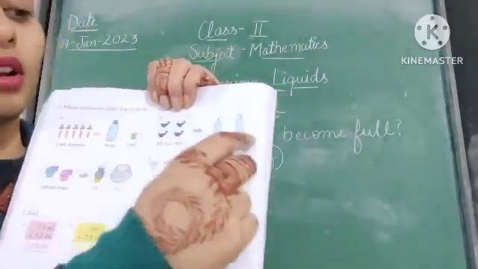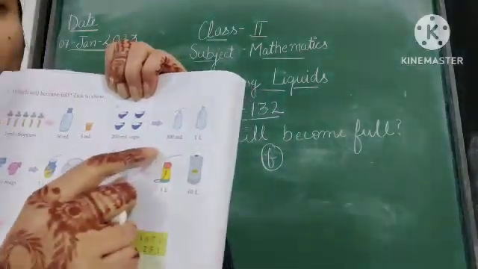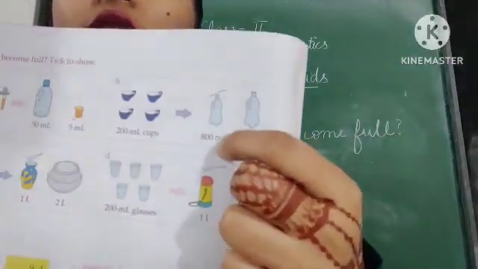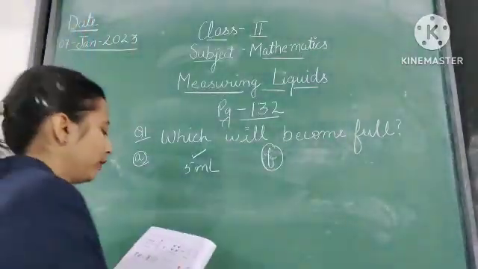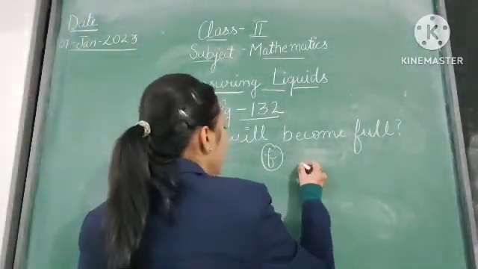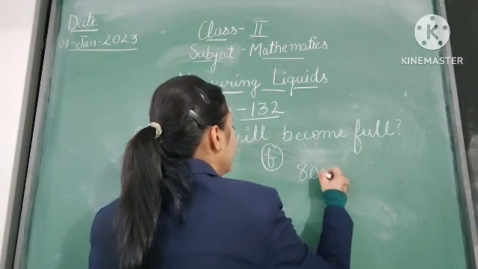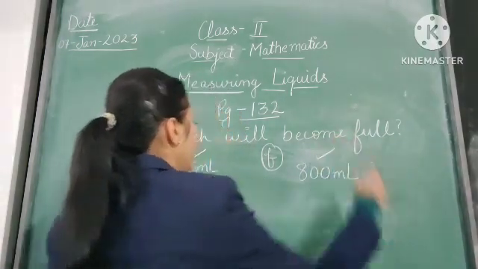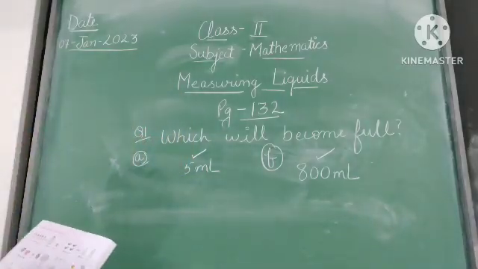So which one among these two bottles is the 800 milliliter capacity bottle? Which is this one. So we will take the bottle with 800 milliliter capacity, and we will put a tick on that.